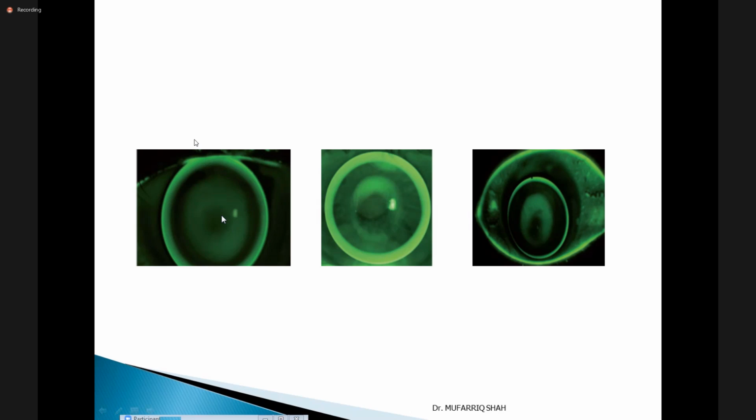Okay, one thing you should remember, in these cases you will see that the edge lift is greater, but actually these are magnified images. Now you must consider magnification once you are examining the patient cornea or the lens on the cornea. If magnification is greater on the slit lamp, then you will see a magnified image.